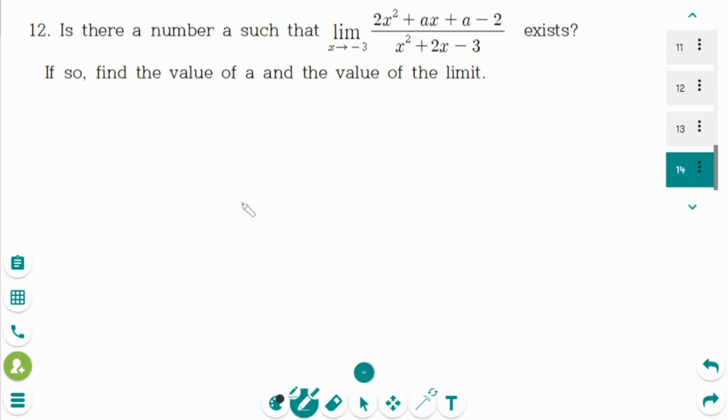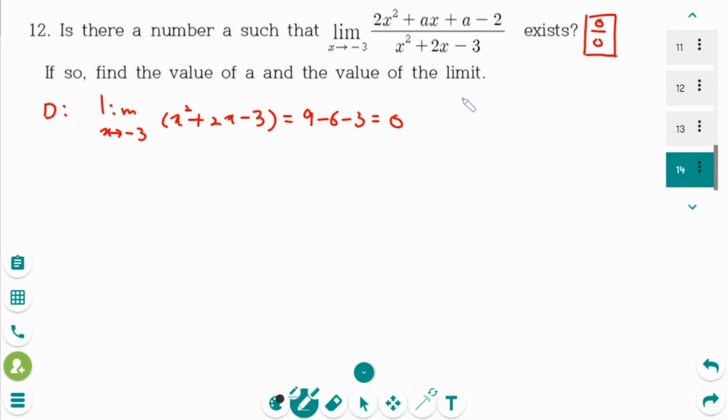This is the last question. First, we will look at the denominator part. Put minus 3 into x. Minus 3 squared is 9. Minus 3 times 2 here is minus 6. Minus 3 equals 0. This means the question is in the 0 over 0 form.